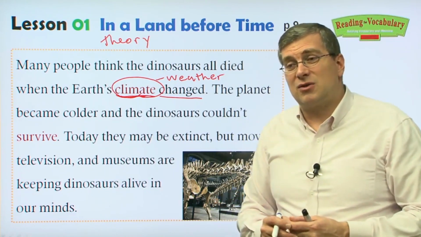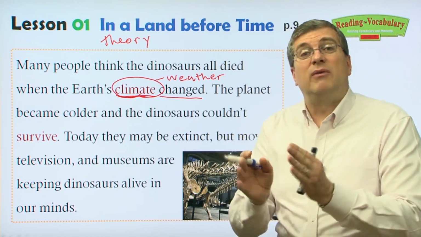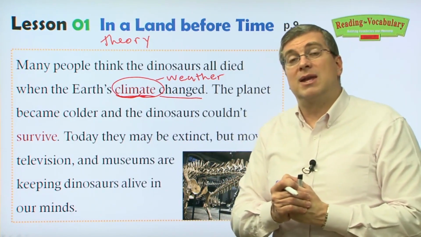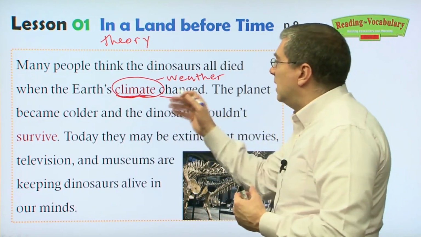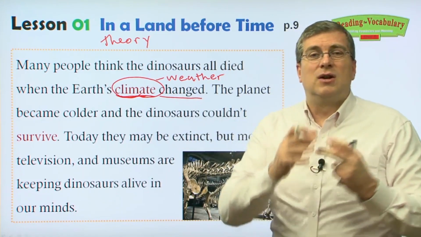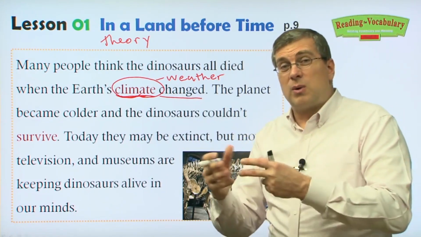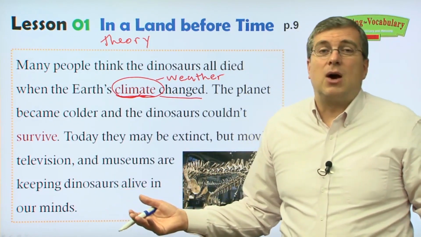Sometimes in the Earth's history, the Earth has just been like a big snowball covered in ice. Okay? So that has also happened to the Earth in its history. So the Earth's climate is always changing. If the Earth's climate changed from warm, wet, lots of rain, to maybe really cold with lots of ice, the dinosaurs couldn't survive. They all died out.